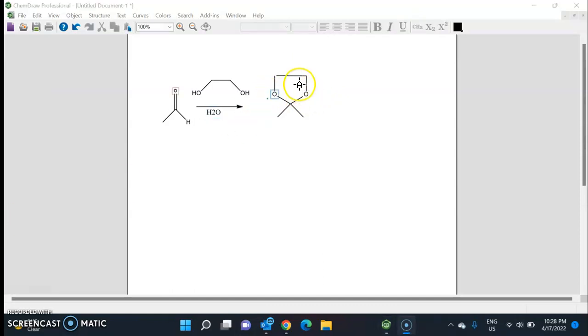So obviously the hydrogens on these alcohols would be deprotonated, and this compound would be stable. So that's a great way to form cyclic compounds through this carbonyl group and adding two alcohols on the same molecule.